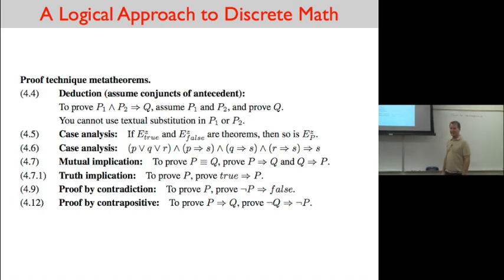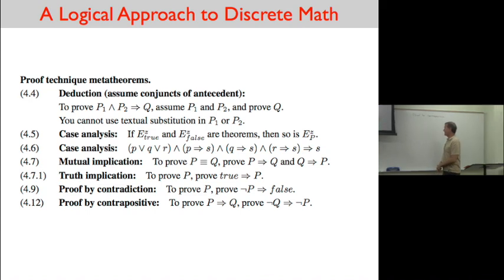The only thing that makes this different is that if you're going to start with the whole thing, the first step could be contrapositive, and then you could just go on from there.